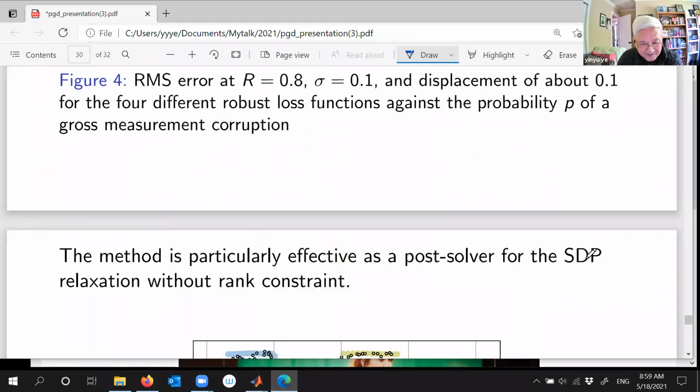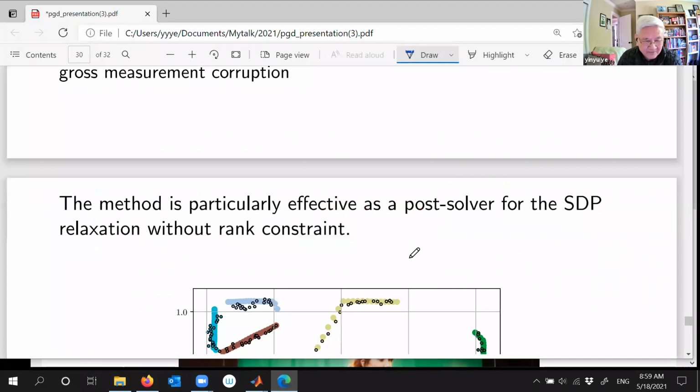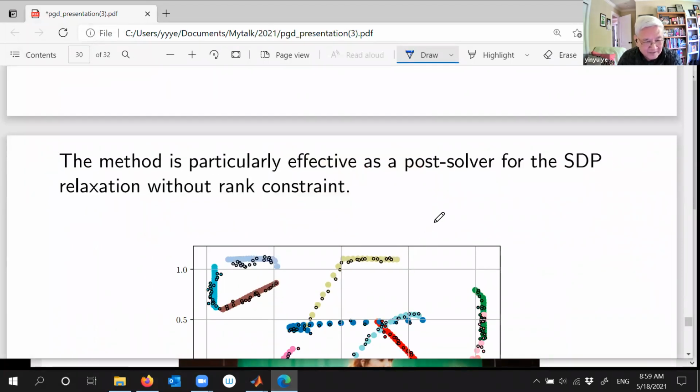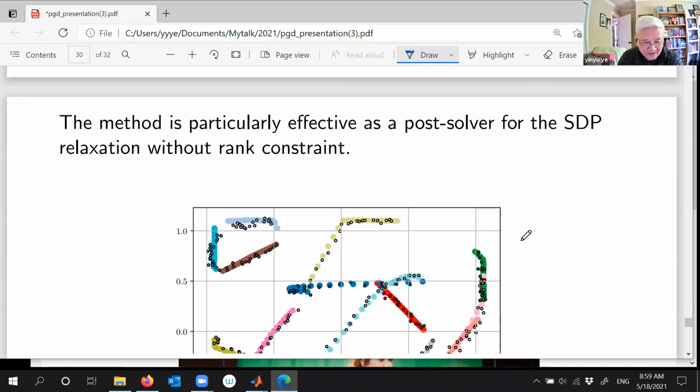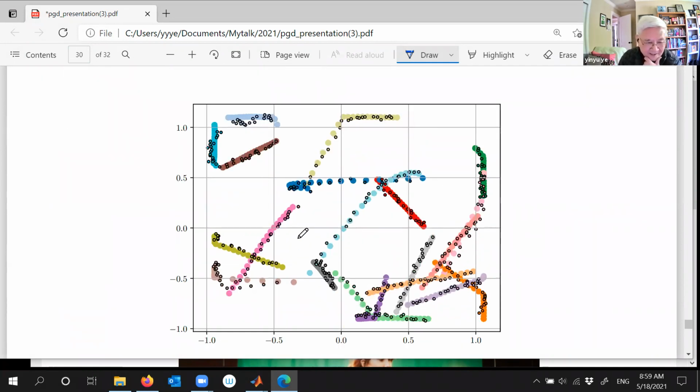What that means is this method is particularly good for tracking. Now we can get a very good initial solution. When the sensors are moving, we can always use the previous solution as the starting solution to apply this steep descent projection, because in real time they have to do this every few milliseconds or so.